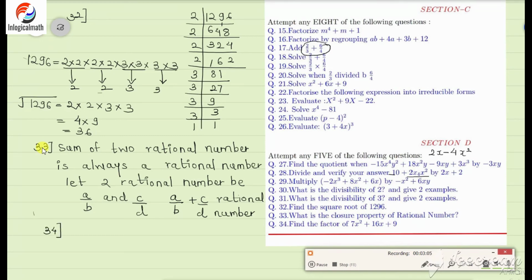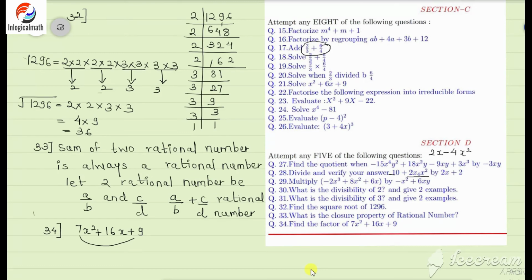Now go for question number 34. What is it? 7x square plus 16x plus 9. For this question, we have to take the multiplication of 7 and 9. So 7 nines are 63.